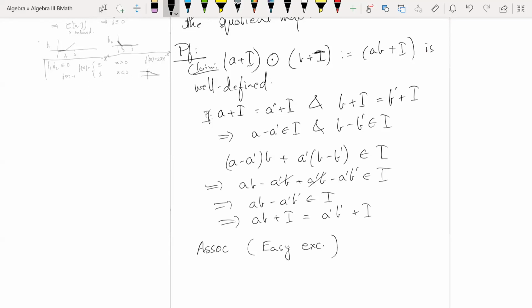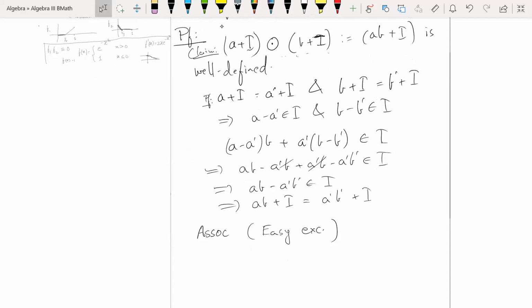If in this formula you put this times C dot I, then you'll get AB multiplied by C, and that's the same as A times BC. So that is what goes on there.